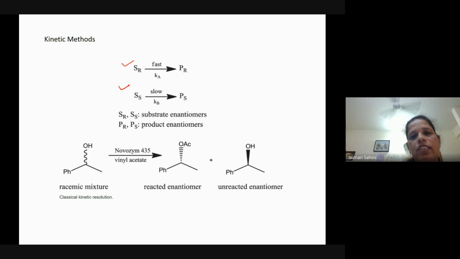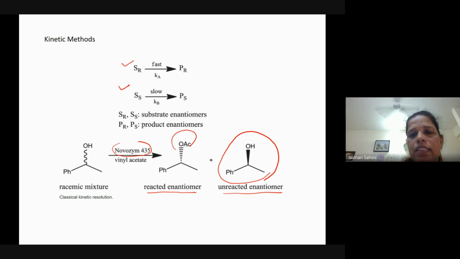In that case, you treat with some enzyme, in which one enantiomer reacts very fast, so that one, being more reactive, would be acetylated, and the other one would be unreacted. So you can get a pure enantiomer, and if you want the enantiomer back, you just do the hydrolysis.